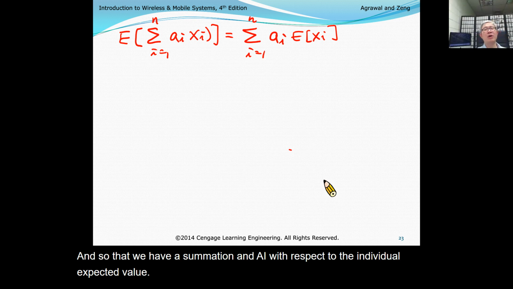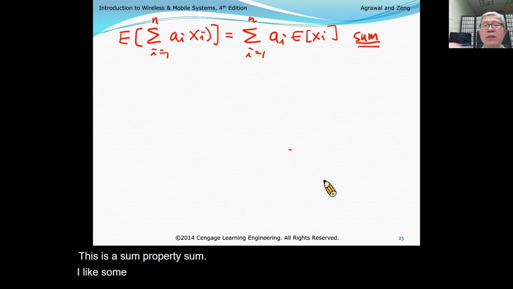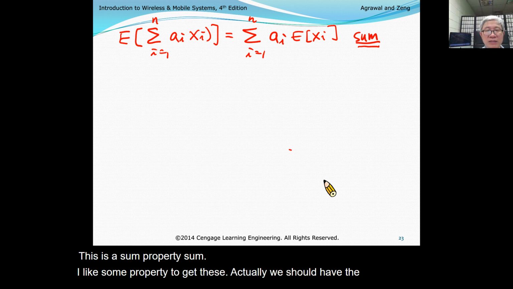This is the sum property. To get this, actually, we should have the definition for expectation.